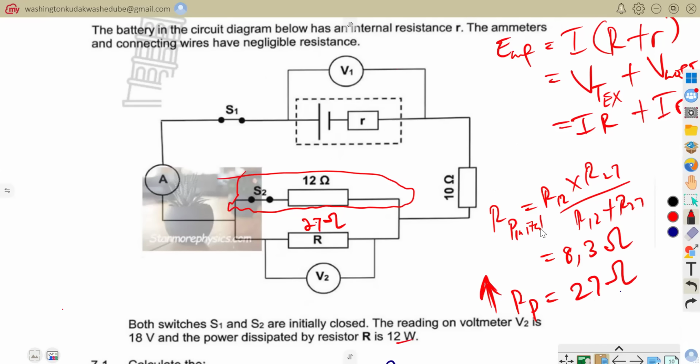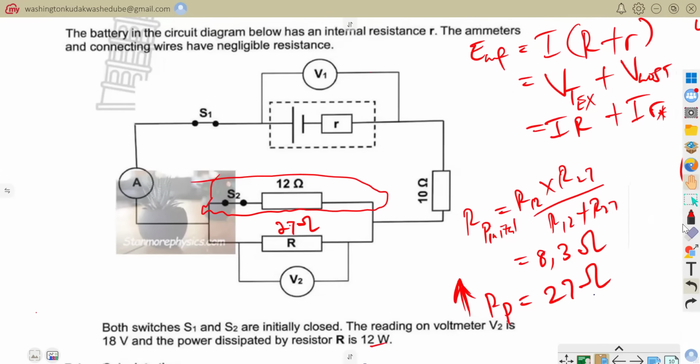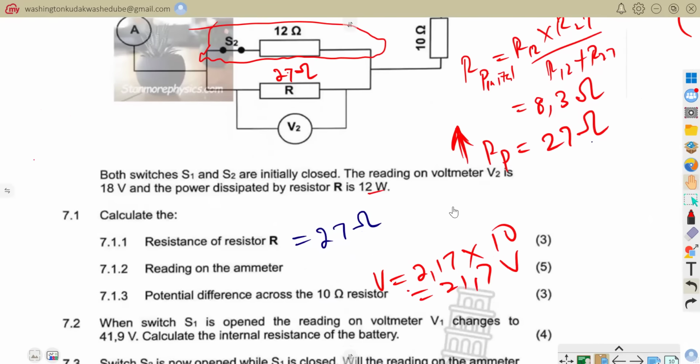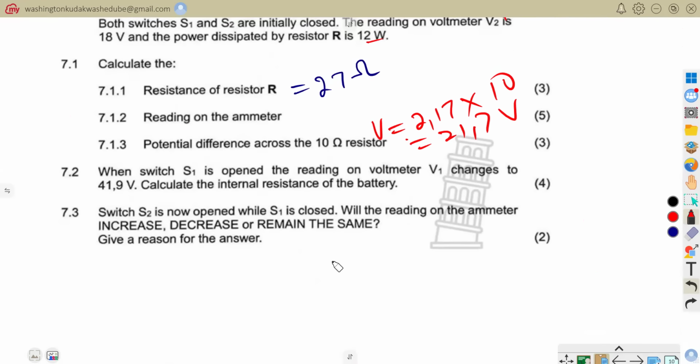If the resistance in the external circuit increases, from the law that we have given here, the total EMF is equal to I times R external plus R internal. R internal remains the same, R external increases, so the current will decrease because the EMF remains the same. So the total current in the ammeter will decrease because the resistance has increased.